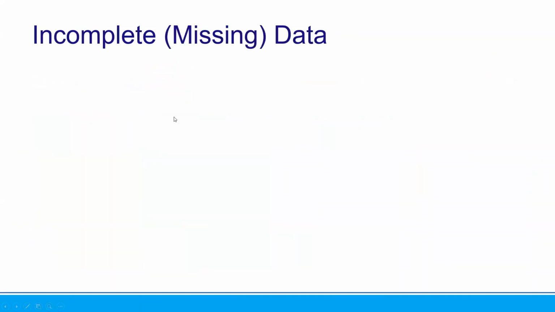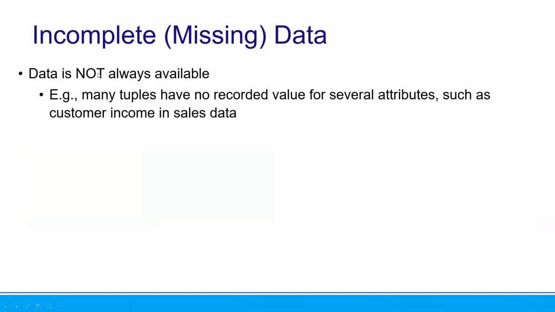So first, we will discuss the incomplete or missing data. What is the meaning by incomplete or missing data? So data is not always available. Many tuples have no recorded value for several attributes, such as customer income in sales data. For example, yeah.